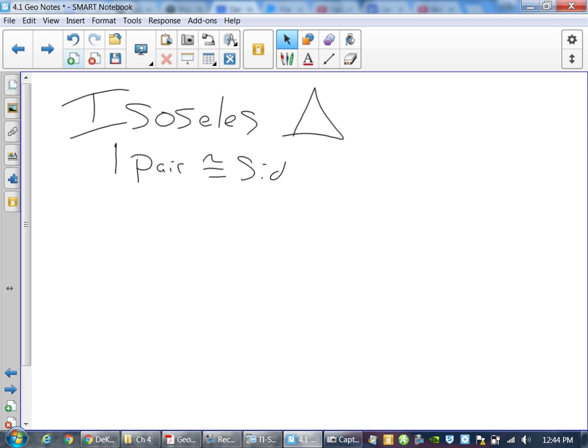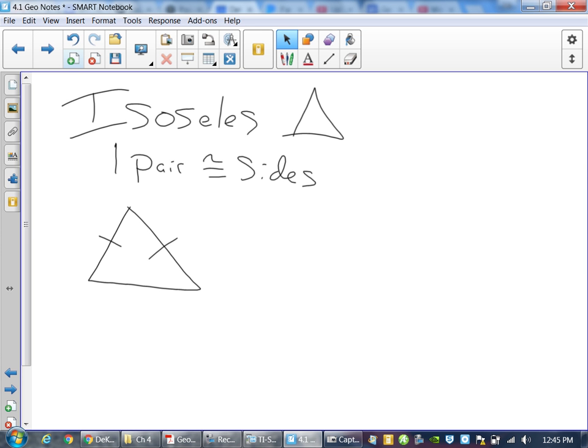It doesn't matter which one you sort this under, you can do it either way. It looks like that. You have one set of sides that are congruent. Now, the other part of the isosceles I was trying to get at, whether it was with the sides or the angles, is that an isosceles triangle can be classified under both of them.